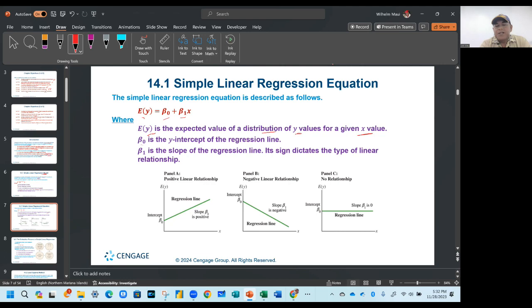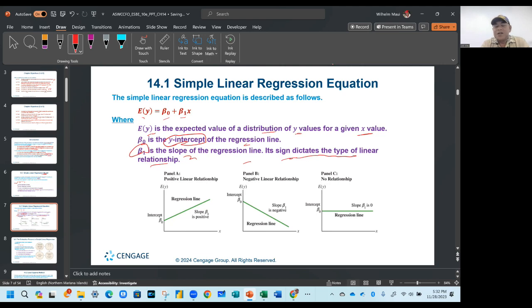Beta 0 is the intercept of the regression line, and beta 1 is the slope of the regression line, and its sign dictates the type of linear relationship. We started out by saying the relationship could be positive, negative, or there's no relationship.